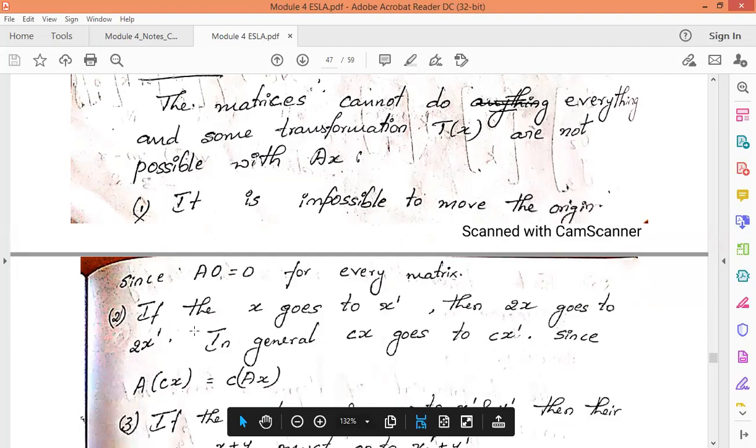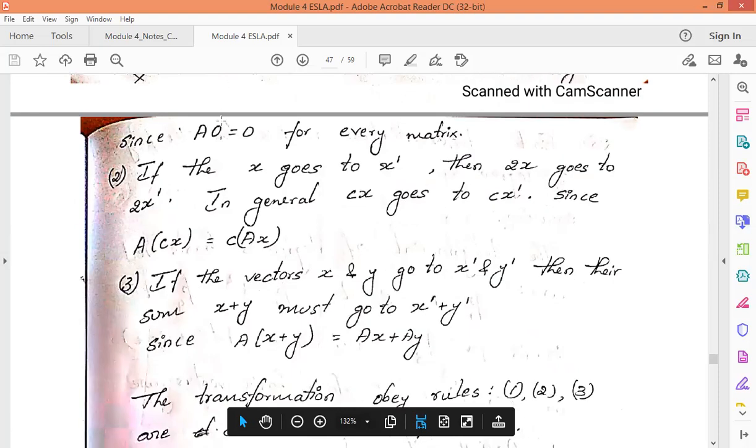Also, if the point x goes to x dash, then 2x will go to 2x dash. In general, cx, where c is some scalar quantity, goes to cx dash. Then we can write the matrix A of cx equal to c into A of x. These are important points that we need to remember.